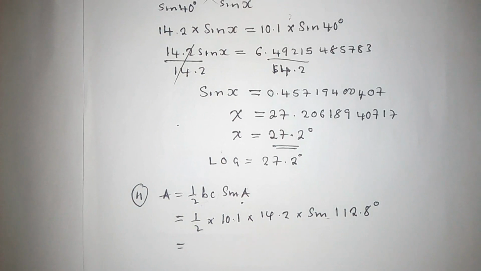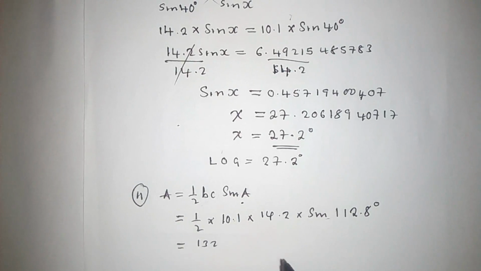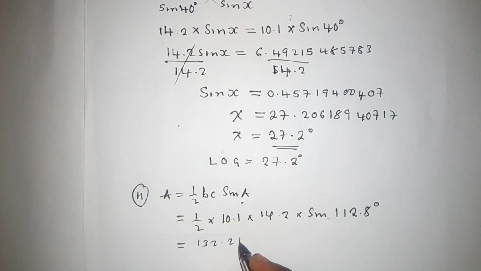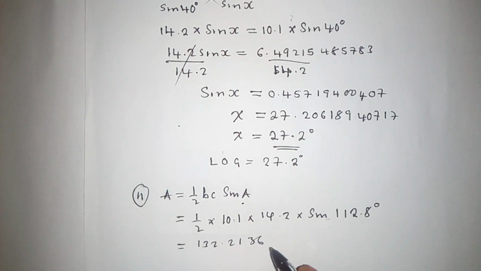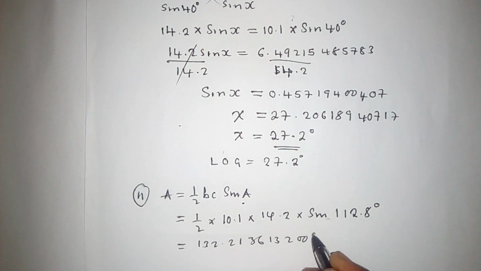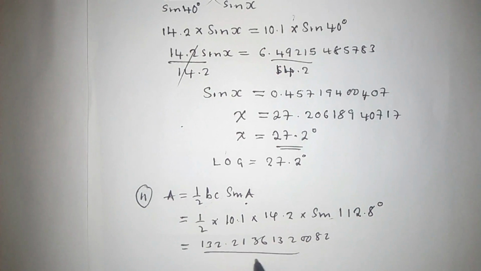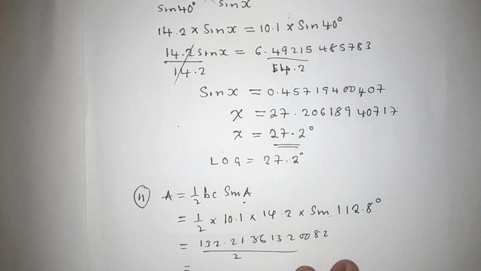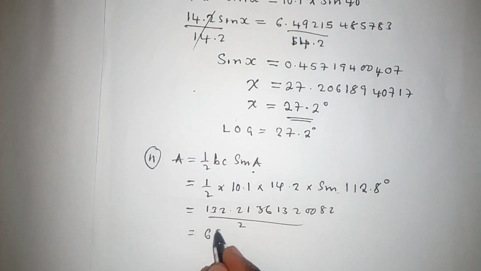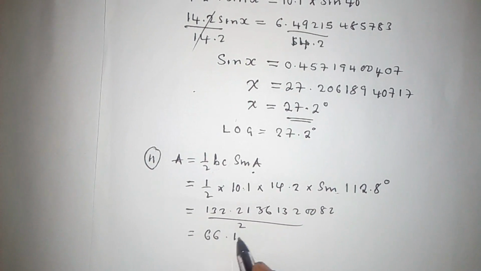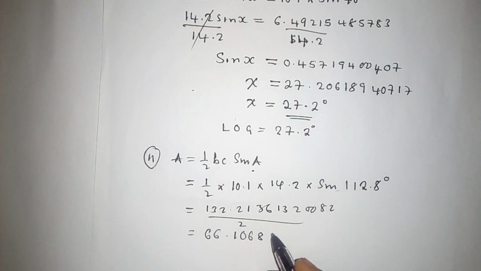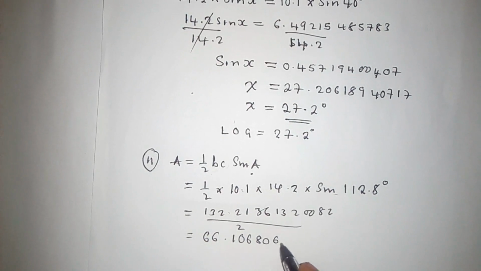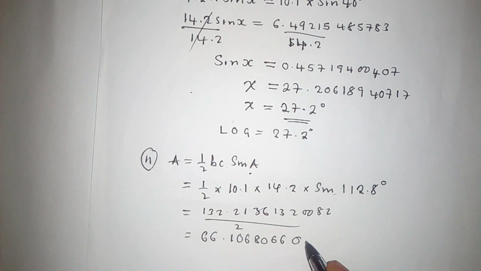We have 132.1320082, and then you divide by 2, these two here, you have 66.066041.